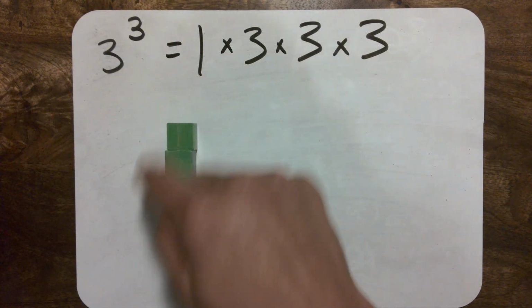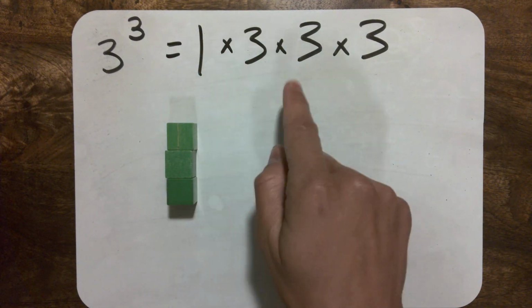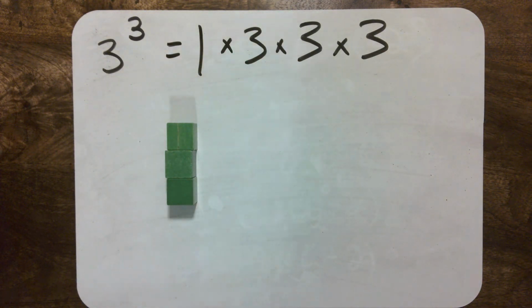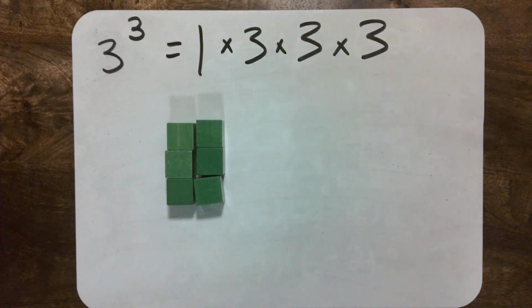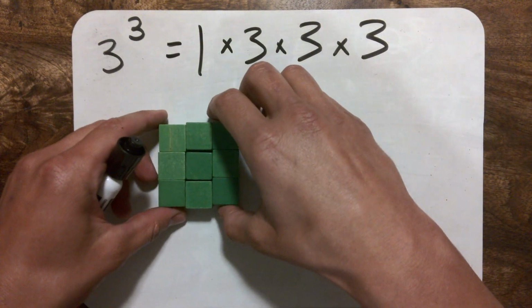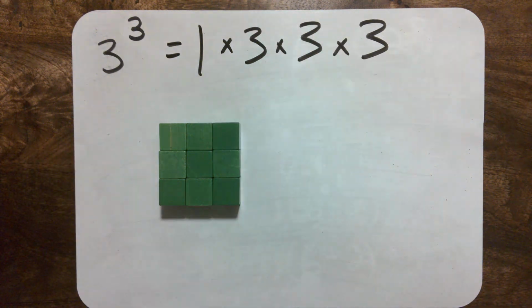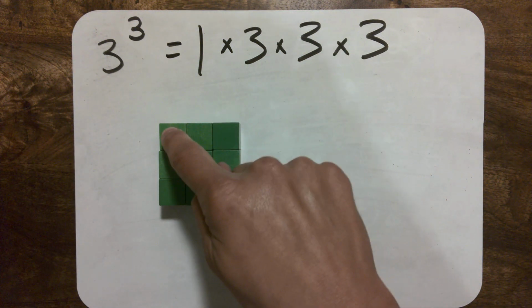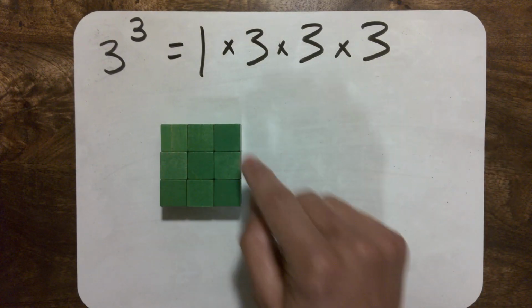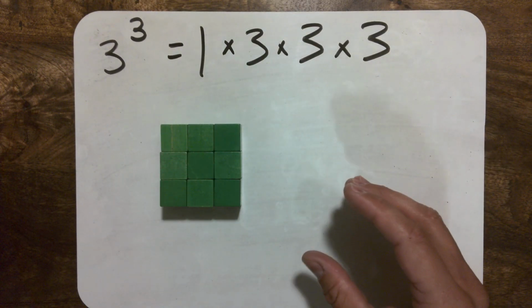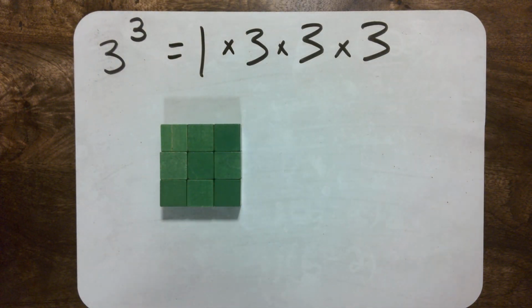So we want to multiply this entire model by 3, so we want 3 copies of this as well. So we'll add 3 more. So this is 1 times 3, and then times 3. We still have 1 more 3 to go, so this is 1 layer. We want 3 layers.